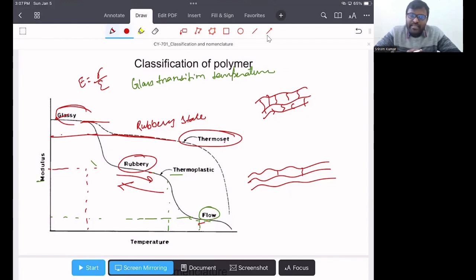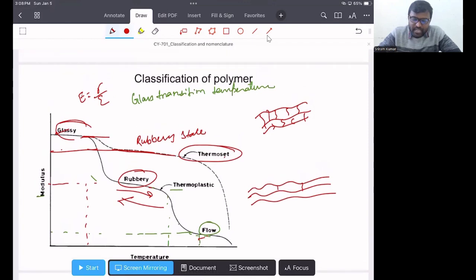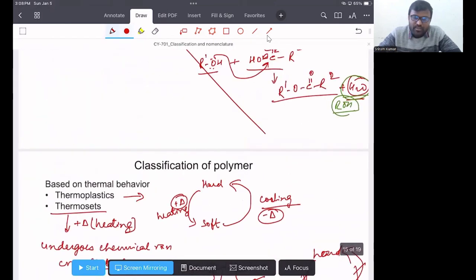This classification will help us understand their behaviors, and so we can develop these polymers based on different techniques. Maybe we can use bulk polymerization, emulsion polymerization, suspension polymerization, solution polymerization, or maybe we can use a living radical polymerization mechanism.